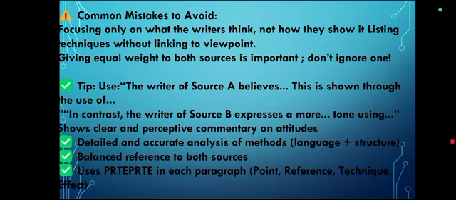"This is shown through the use of," then your quote. Then, "in contrast, the writer of source B expresses a more..." and then you can describe the tone using the quote, which shows clear and complementary perspective on attitudes.